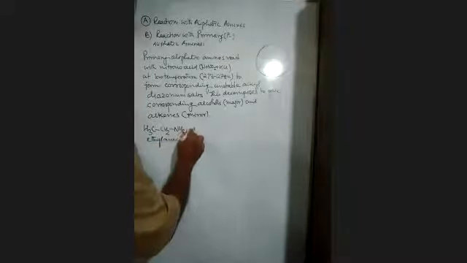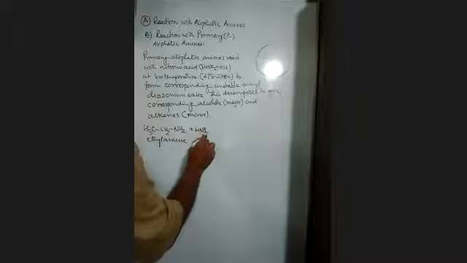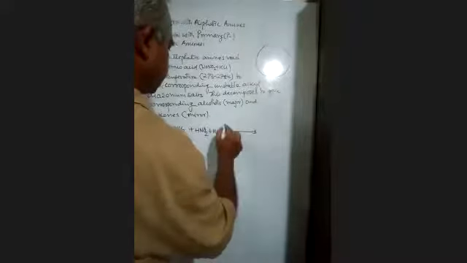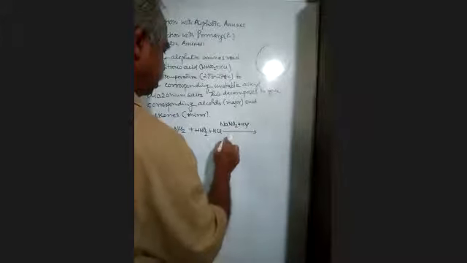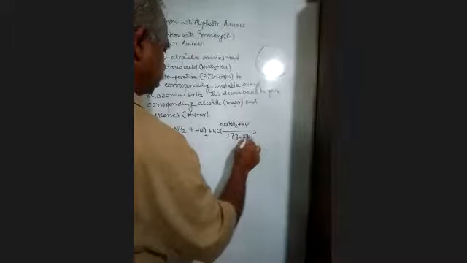So now see here. I have taken CH3CH2NH2, ethylamine. Then NaNO2, HCl at 273 to 278 Kelvin. So what am I going to get here?